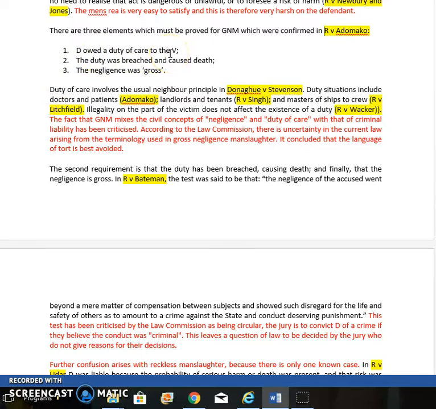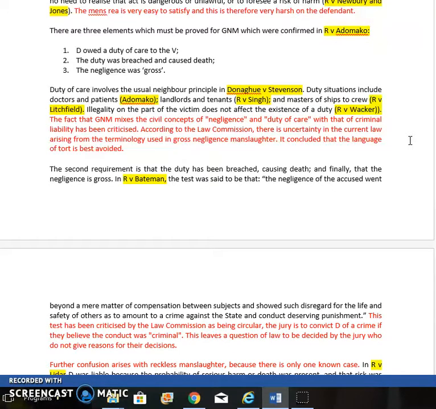We use the normal civil principles here, so the neighbour principle from Donoghue v Stevenson, and I've given just a few case examples of where a duty has been held to exist. The main criticism with this duty of care issue is that gross negligence manslaughter is mixing up civil law negligence and criminal law, and that has been criticised.